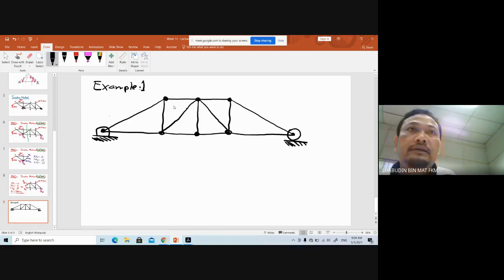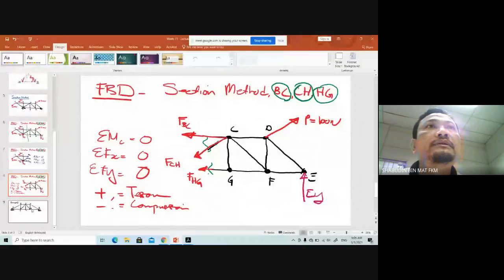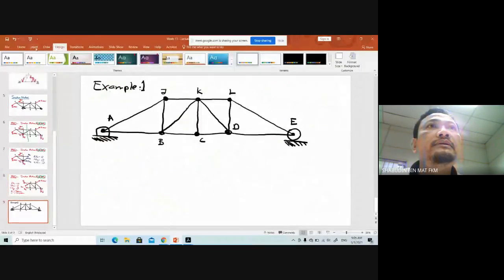This is point A. This is point J. This is point K. This is point L. This is point B. This is point C. This is point D. This is point E. Okay, so you apply force. Apply force. Insert.